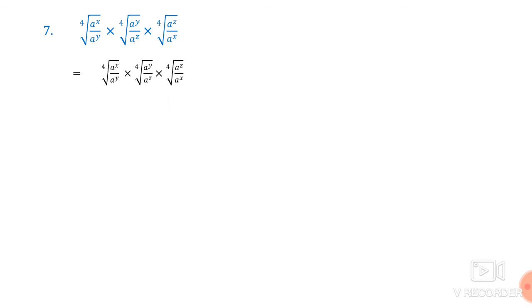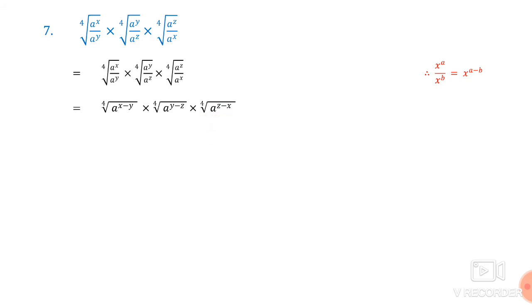Here we can apply the same rule. We have a quotient, so we can write the base once and the exponents will be subtracted. So we will apply this rule inside the radical sign. So we will have fourth root of a^(x-y), fourth root of a^(y-z), fourth root of a^(z-x).